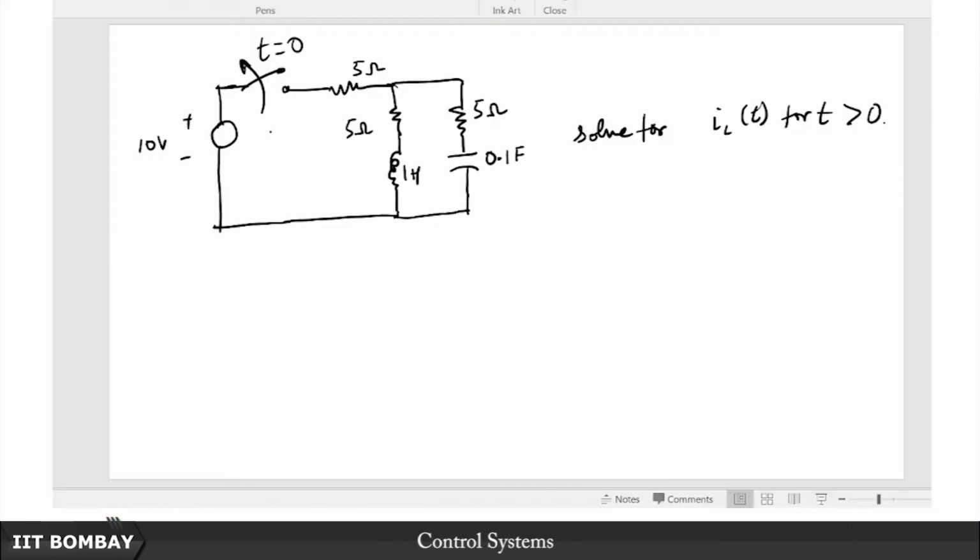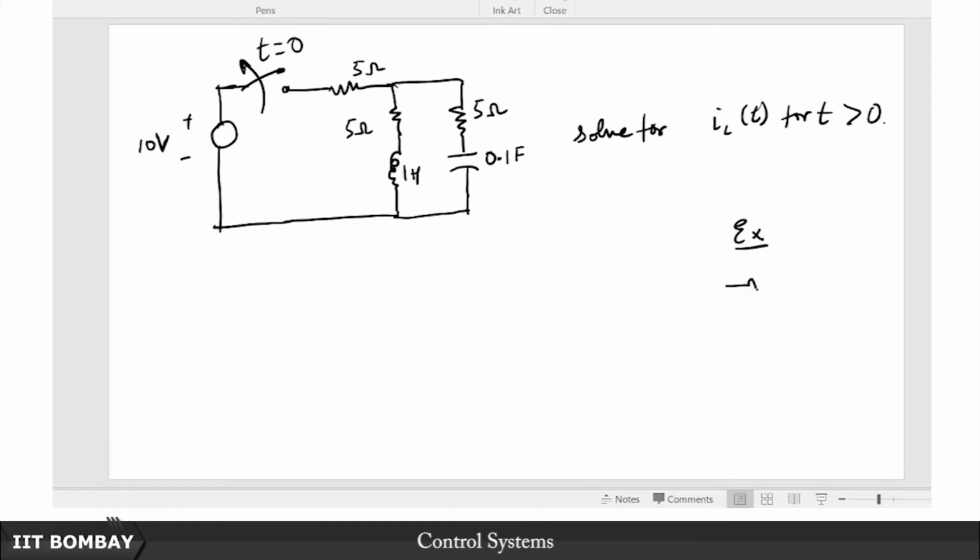So I leave it to you to check that at steady state, when you have a DC supply, an inductor behaves like a short circuit and a capacitor behaves as an open circuit. That is an additional exercise.